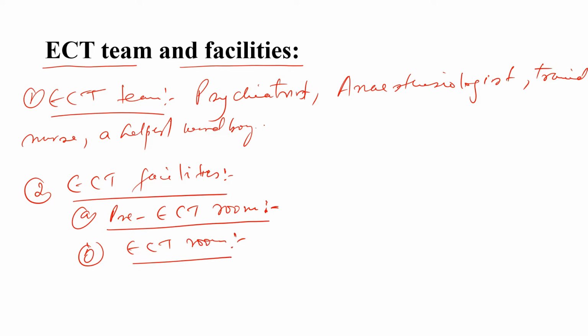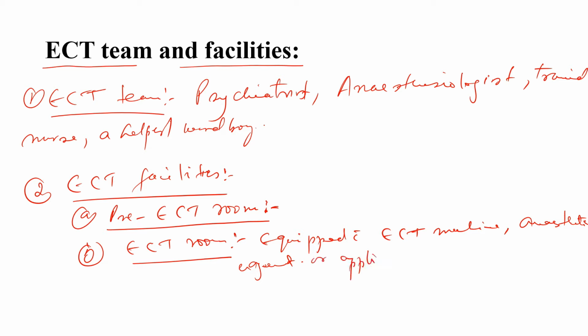The ECT room is equipped with an ECT machine, anesthetic agents or appliances, etc. And the third one is the recovery room.